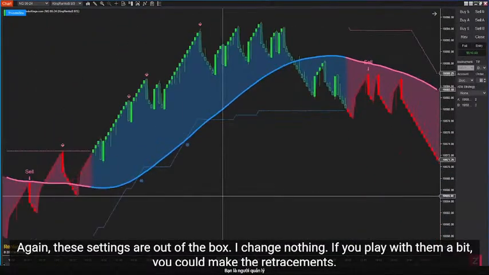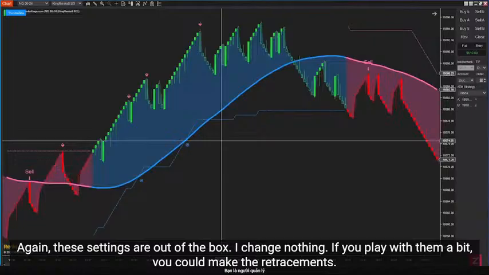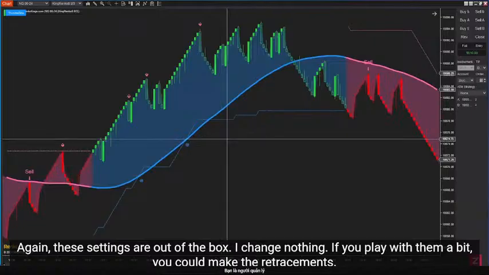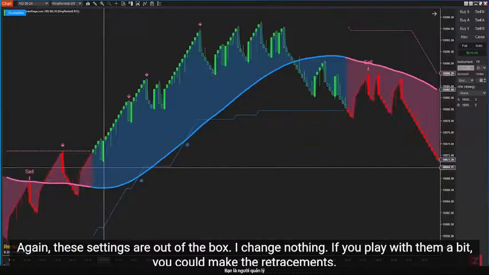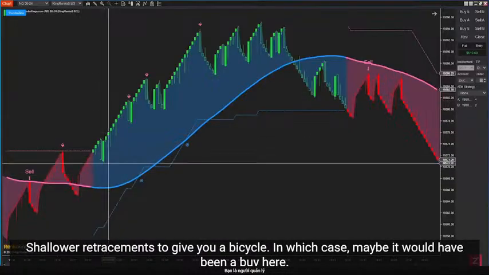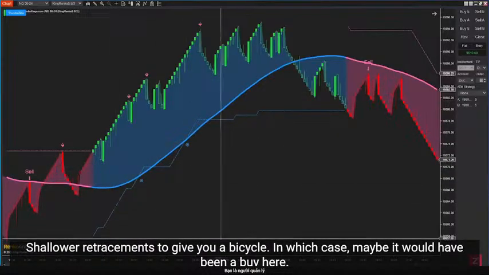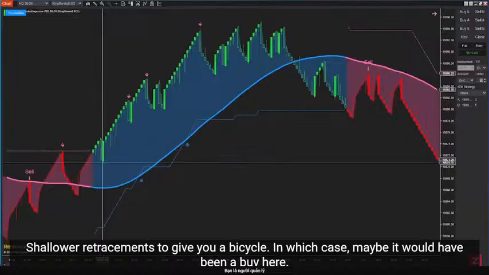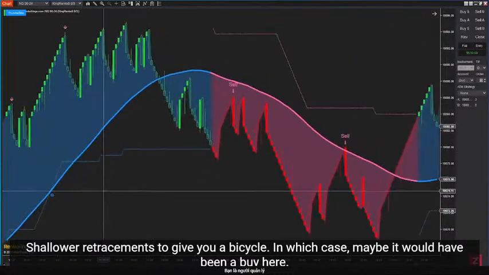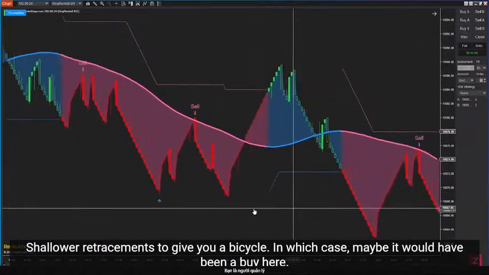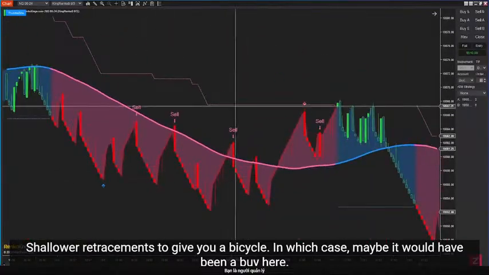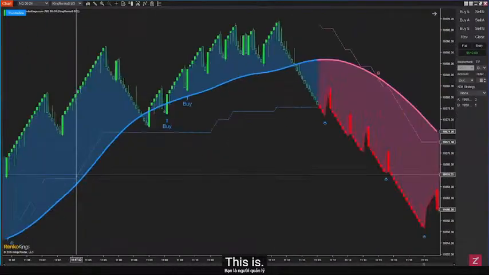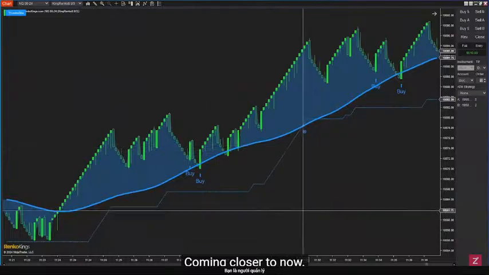Again, these settings are out of the box. I change nothing. If you play with them a bit, you could make the retracements shallower to give you a buy signal, in which case maybe it would have been a buy here. So this is coming closer to now.